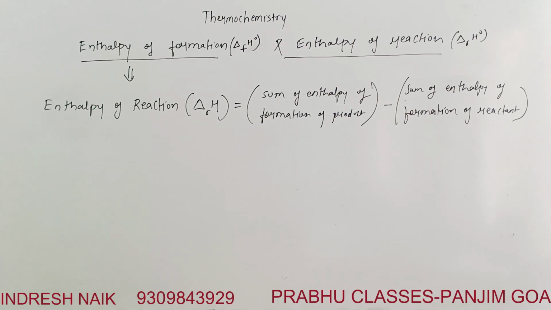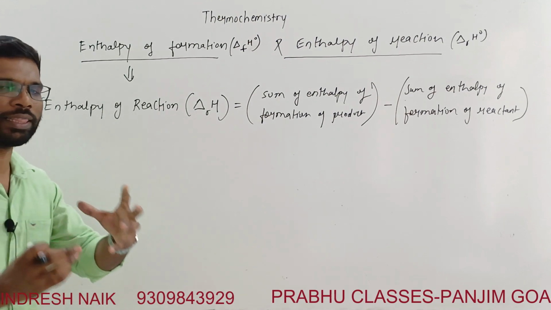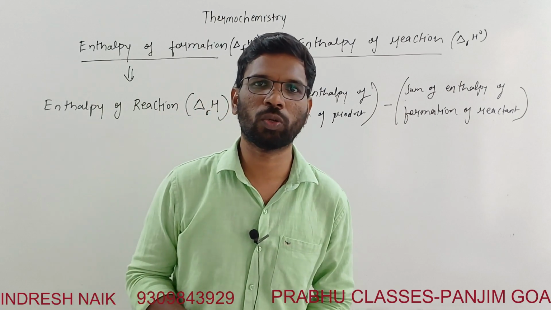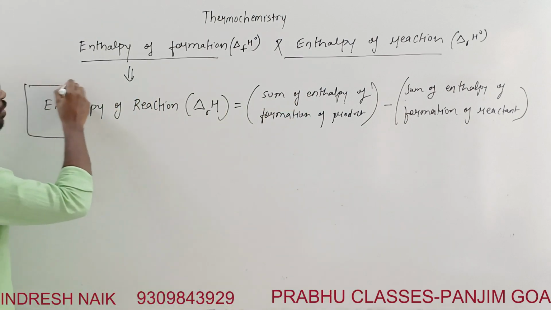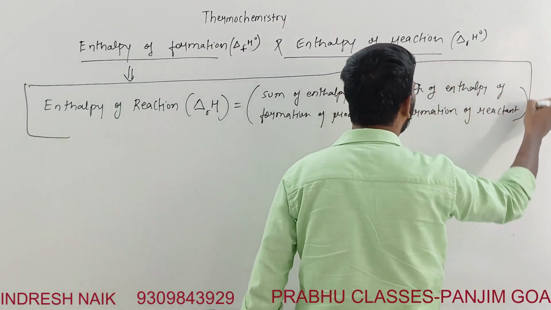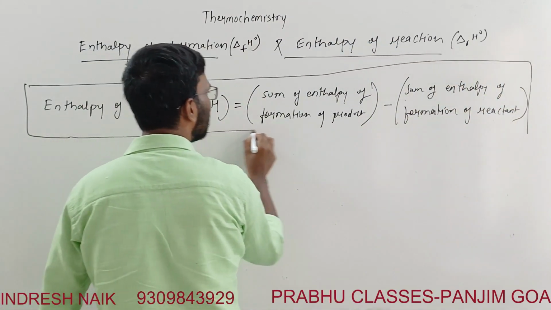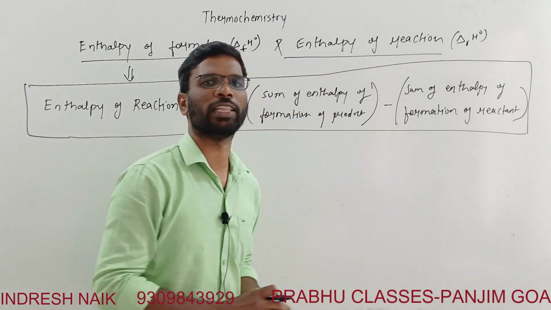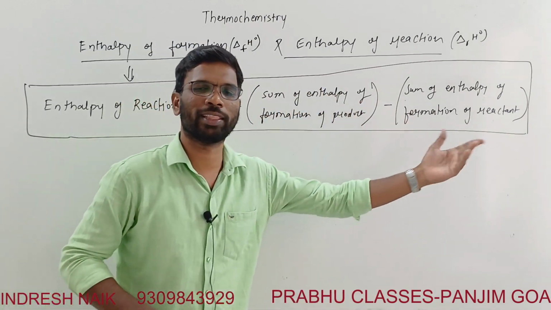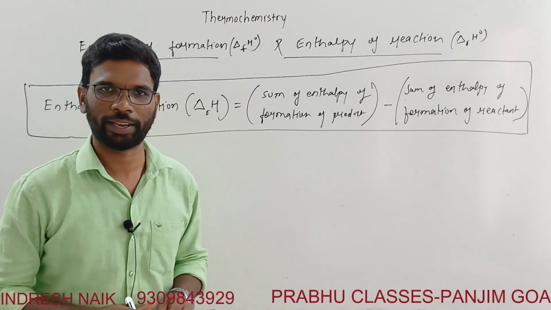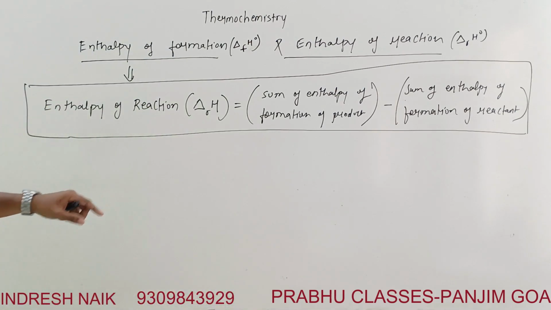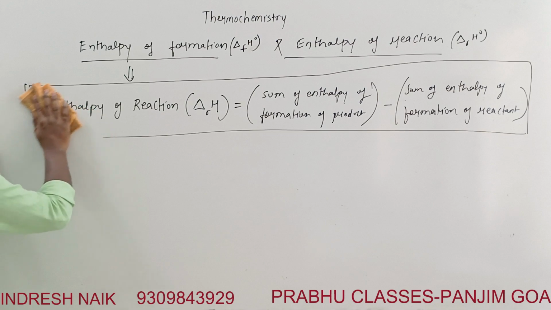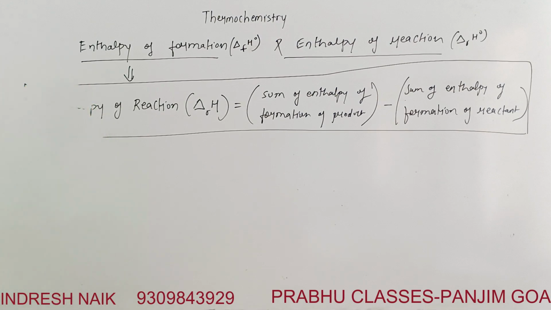Now let us prove how enthalpy of formation is equal to enthalpy of reaction. We'll stick to this formula. Understand? We have to stick to this formula. In the first example I had just written that enthalpy of the reaction is equal to enthalpy of formation for a certain reaction. We need to prove that also, right?